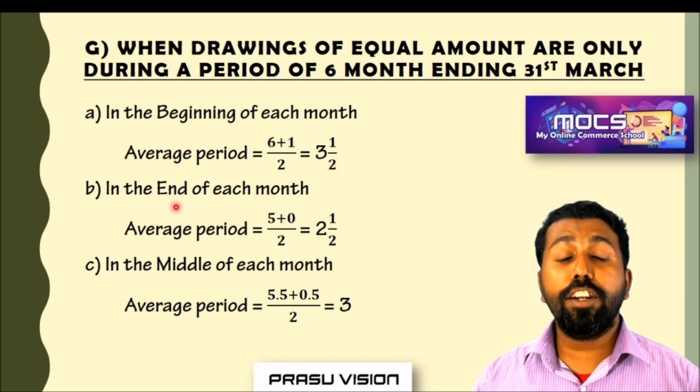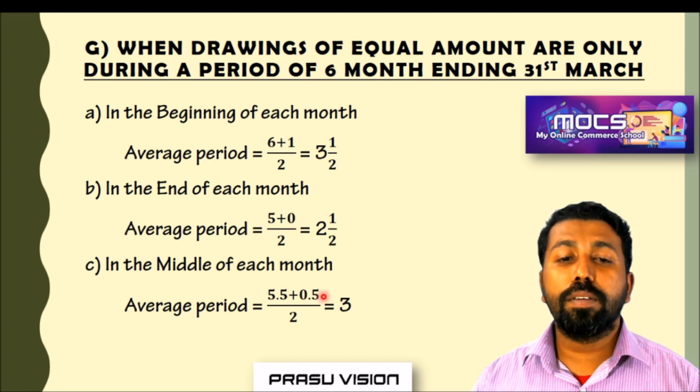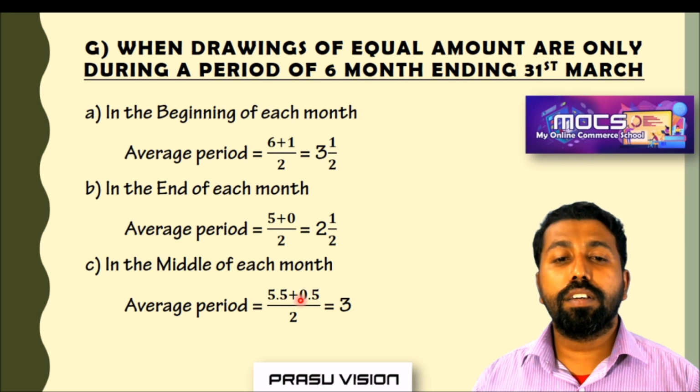And if it is at the end of each month, the remaining months after the first drawing is 5 and the remaining months after the last drawing is 0. So 5 plus 0 by 2, 2.5. And if it is made at the middle of each month, 5.5 after the first drawing and 0.5 after the last drawing. So we find the average period: 5.5 plus 0.5 divided by 2, 3.